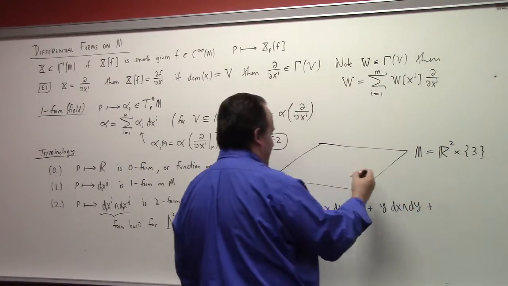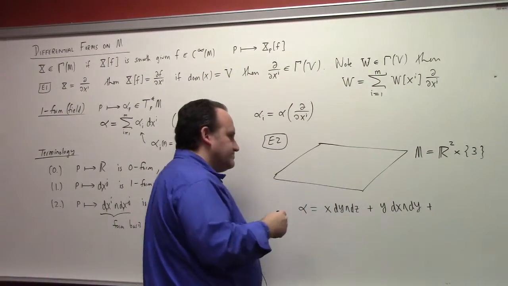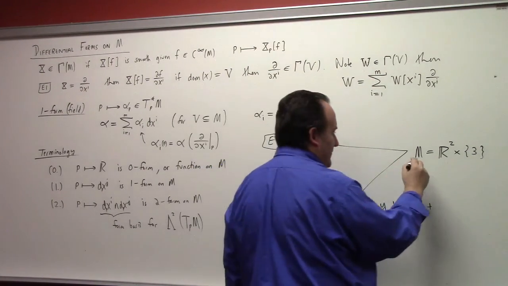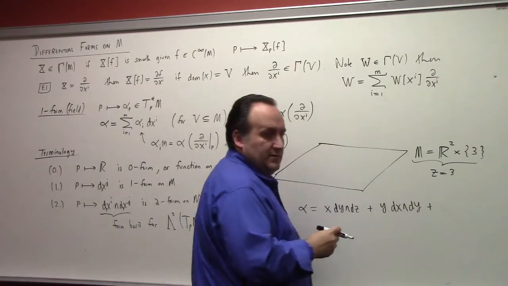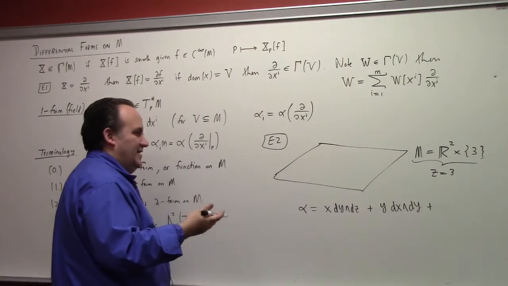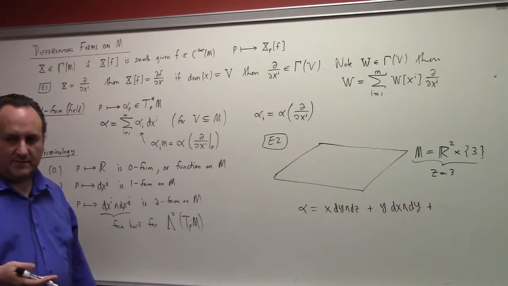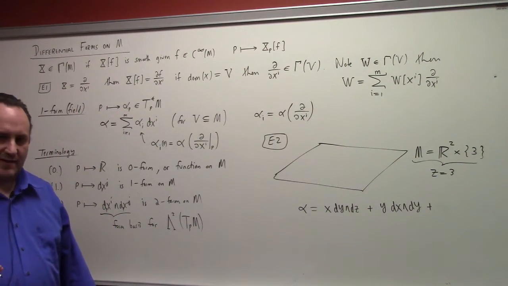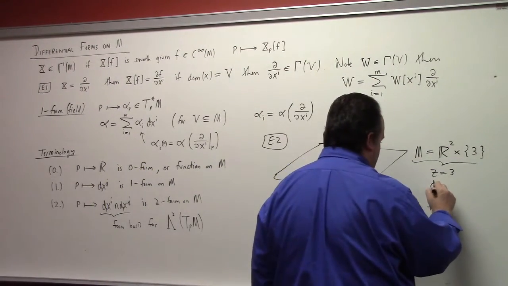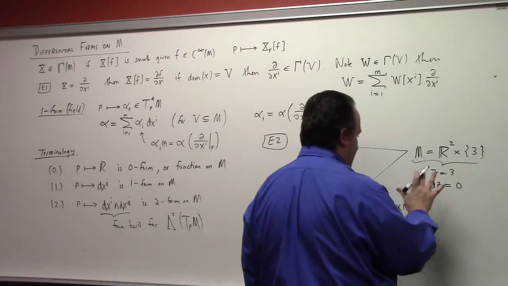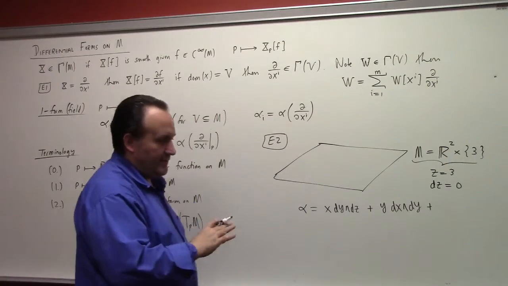when I think about this manifold, I think about it in terms of an equation as z equals 3, which if you're on the manifold with z equals 3, well, that means that dz doesn't live there except at 0. I'm being heuristic here, but that's not wrong.